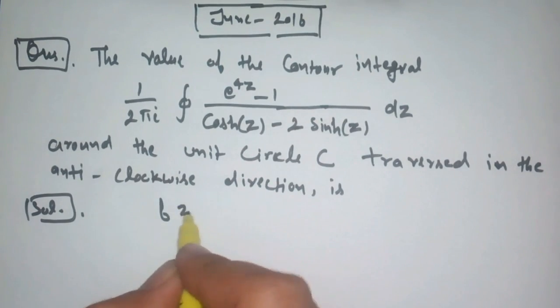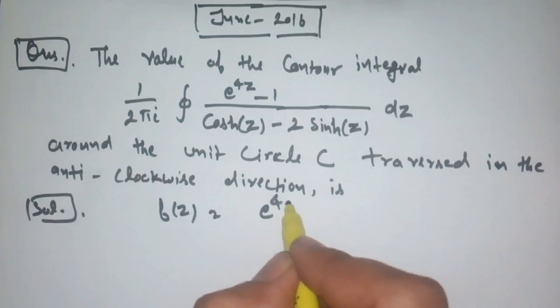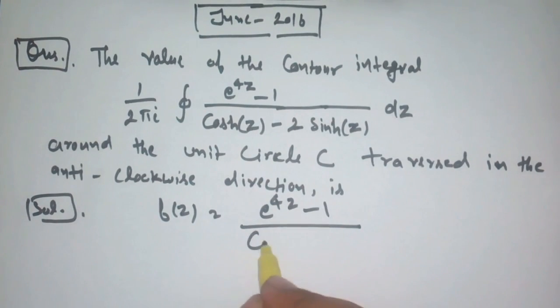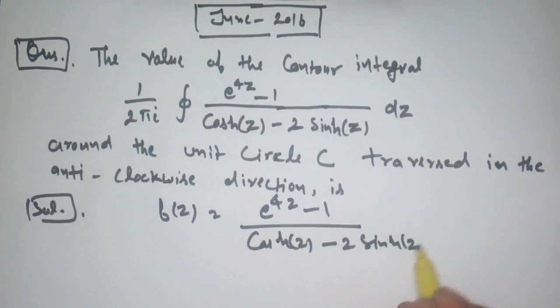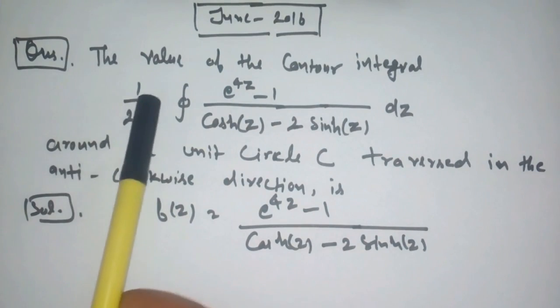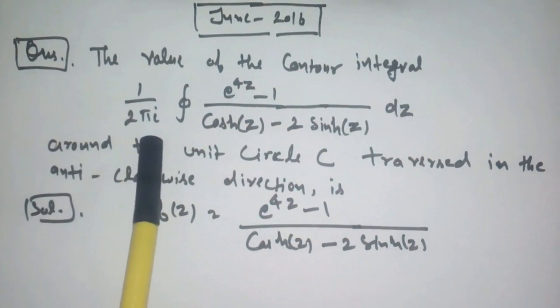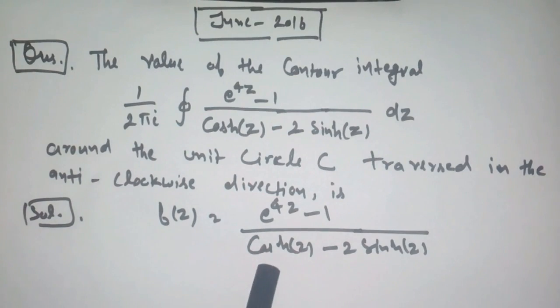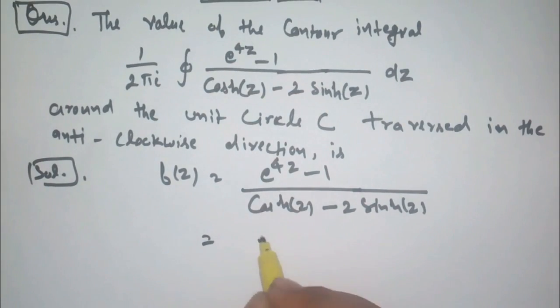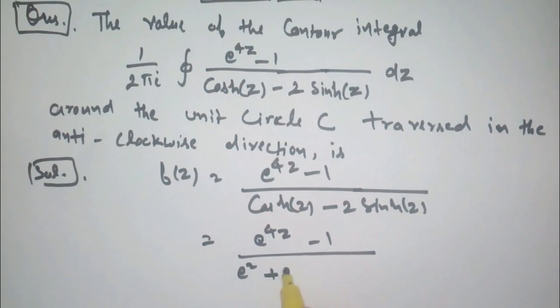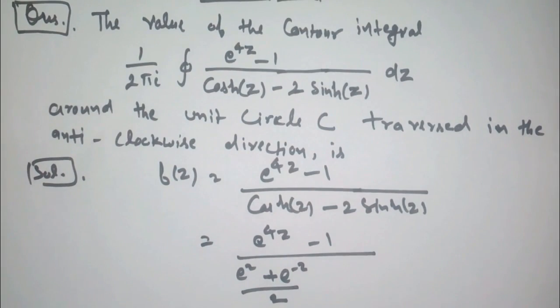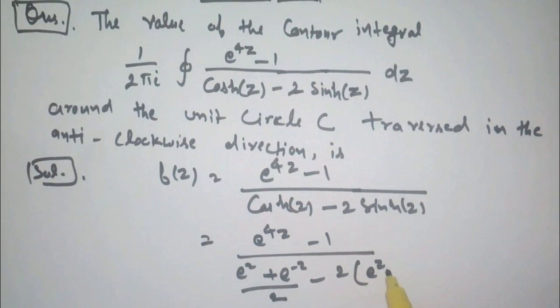Now here the function is f(z) equal to (exponential 4z minus 1) upon (cos hyperbolic z minus 2 sin hyperbolic z), and this constant term 1 upon 2 pi iota we will take later. Now write cos hyperbolic and sin hyperbolic in exponential form. That will become (e^4z minus 1) upon ((e^z plus e^minus z) upon 2 minus 2 (e^z minus e^minus z) upon 2).